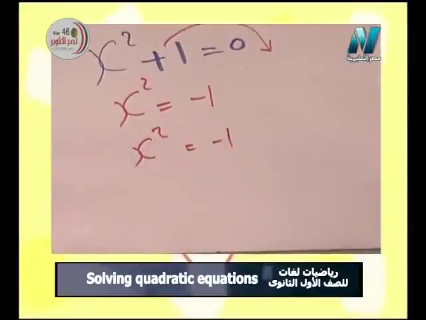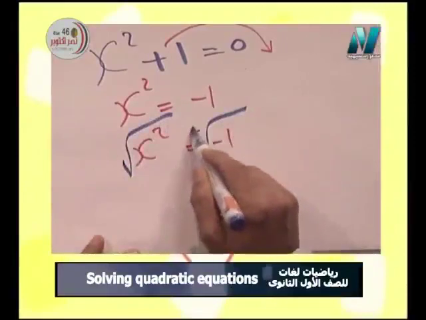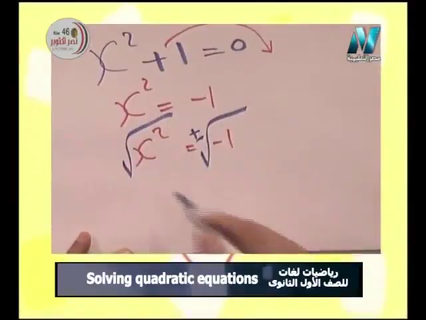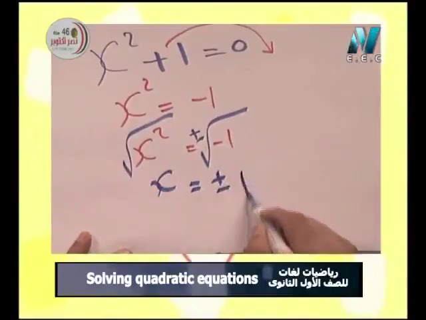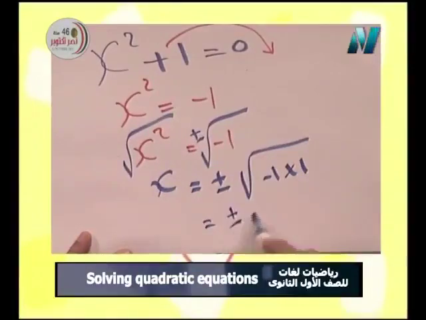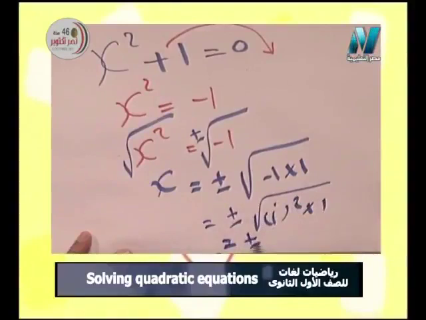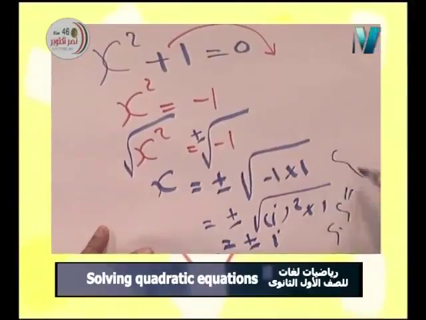If we take the square root of both sides, don't forget to put positive or negative. So x equals positive or negative what? Square root of negative 1 is i, so x equals positive or negative i. So the solution set in C will be i and negative i.